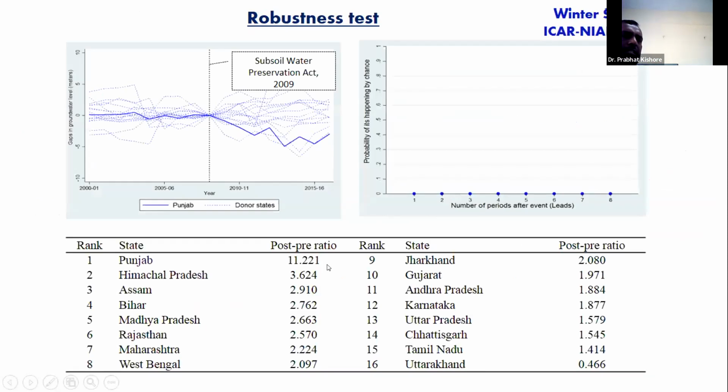For the Punjab case, you can find that this post-pre ratio is nearly 11.22, and the other states coming in second place, for example Himachal Pradesh, was 3.6, and then it goes down. I mean to say that there is some policy impact or not for that one.